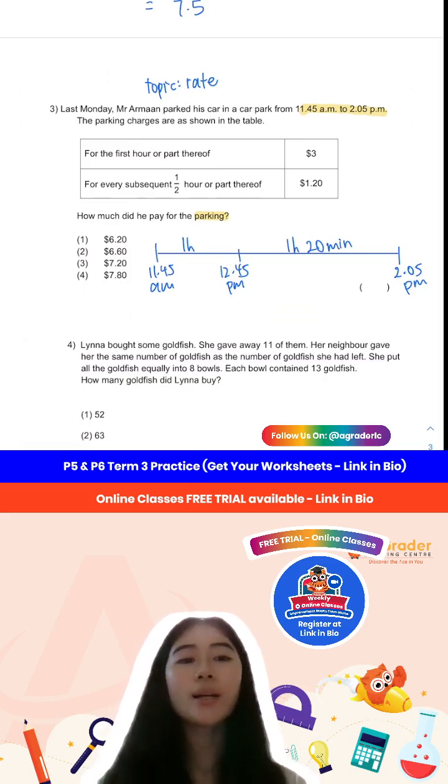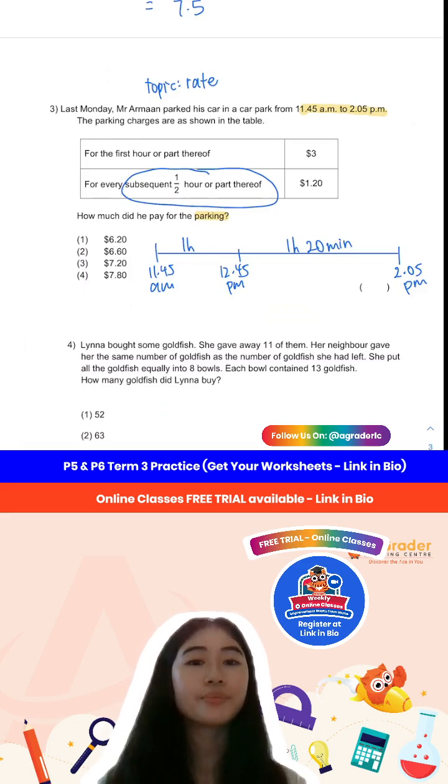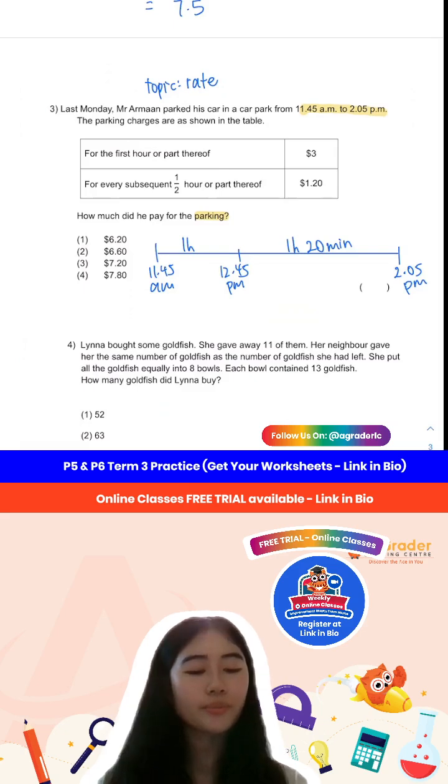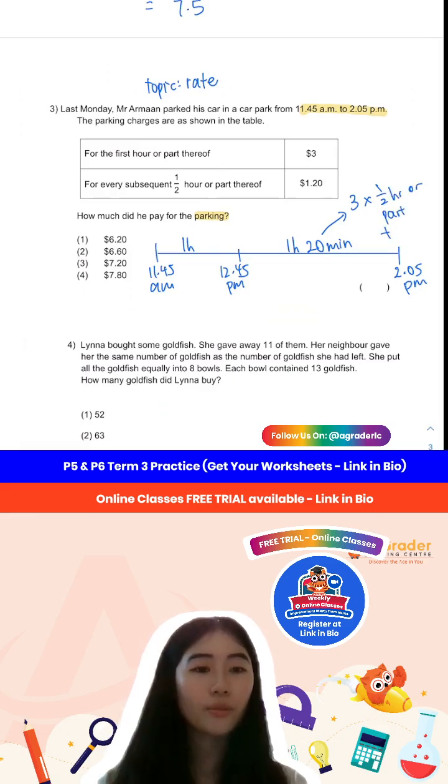For this 1 hour 20 minutes, he needs to pay the subsequent half an hour or part thereof, which is $1.20 each. So he needs to pay 3 of the half an hour or part thereof. Yes, Octopus, 3 times is correct.